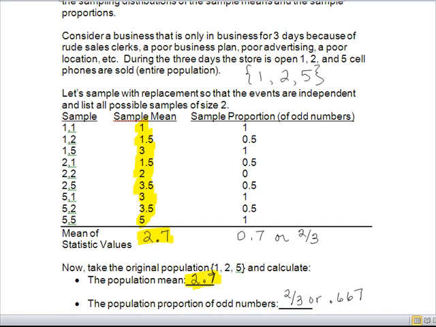It's very interesting. Sometimes the way they write the mean of the sample means, you may see this notation. So the mean of the sample means is equal to the mean of the population.